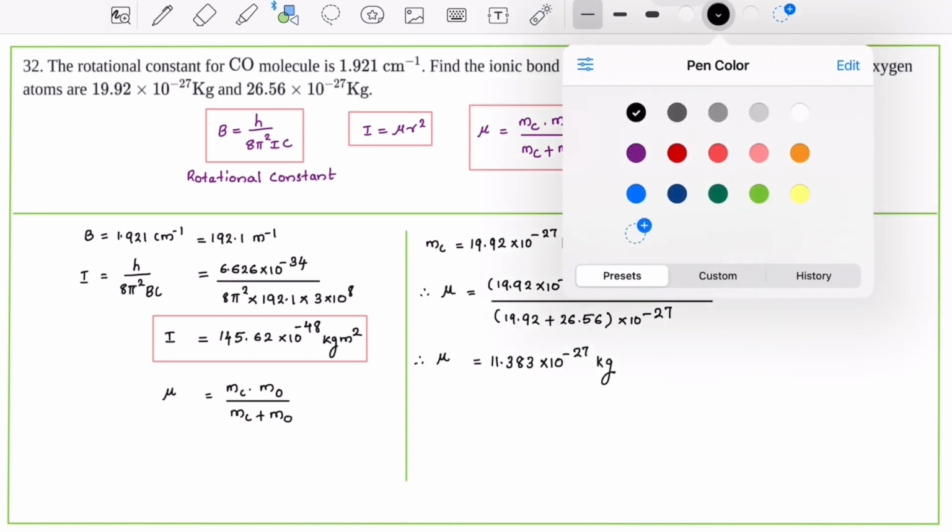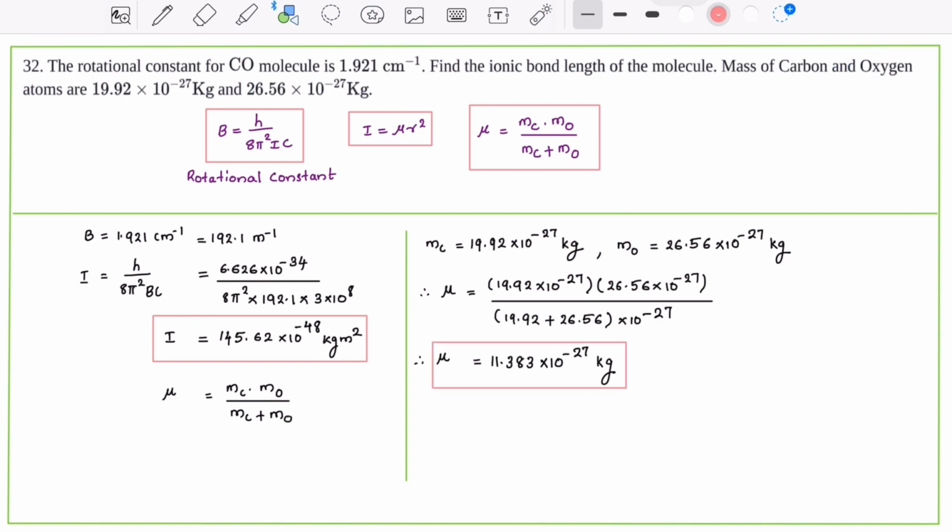This is the reduced mass. Now we have the reduced mass and moment of inertia. Now we can calculate the bond length using the equation R is equal to root of I by mu.